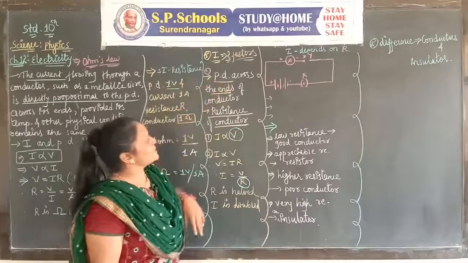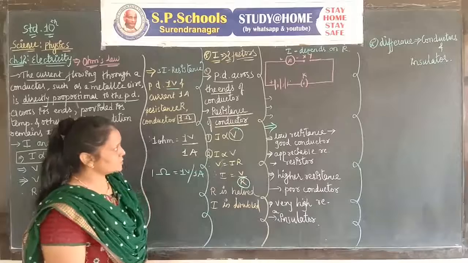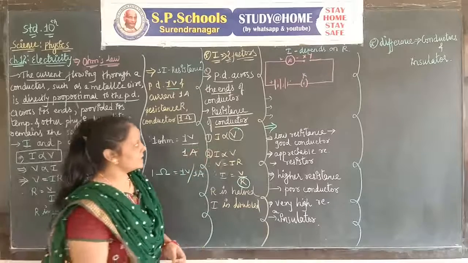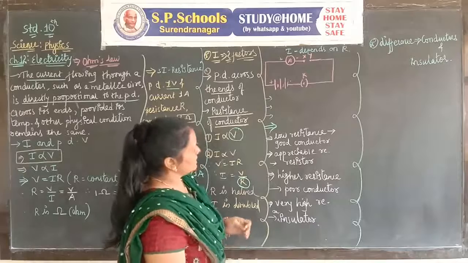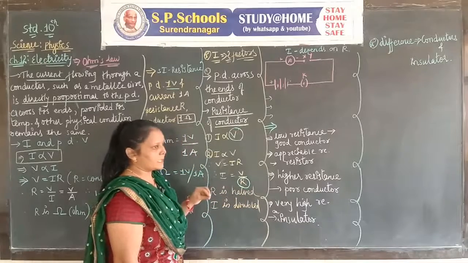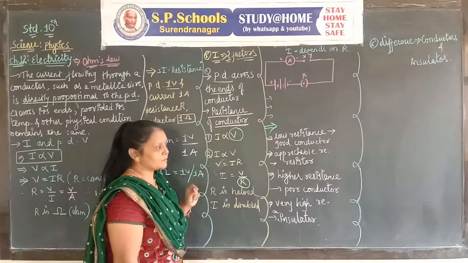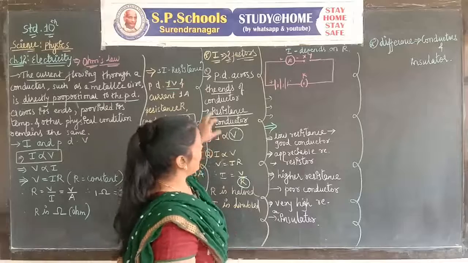Electric current depends on two factors, potential difference and resistance. Let's take another question. Electric current depends on the conductor used for resistance.